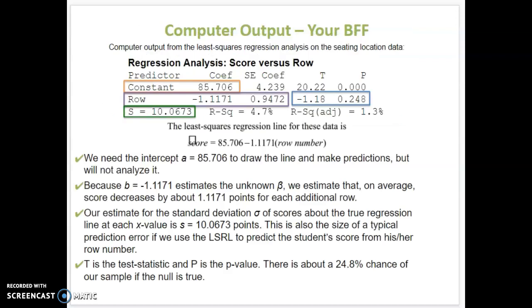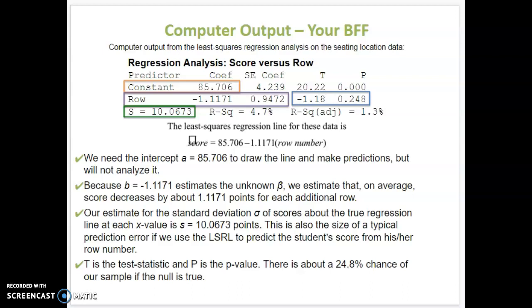So before we get there, and this is all done for us, your computer output, and this was from a different example based on seating location, but remember that the coefficient column is my A and B, and so the y-intercept is 85.706, the slope is negative 1.1171. What we haven't worked with yet is that the standard error is right next to it.